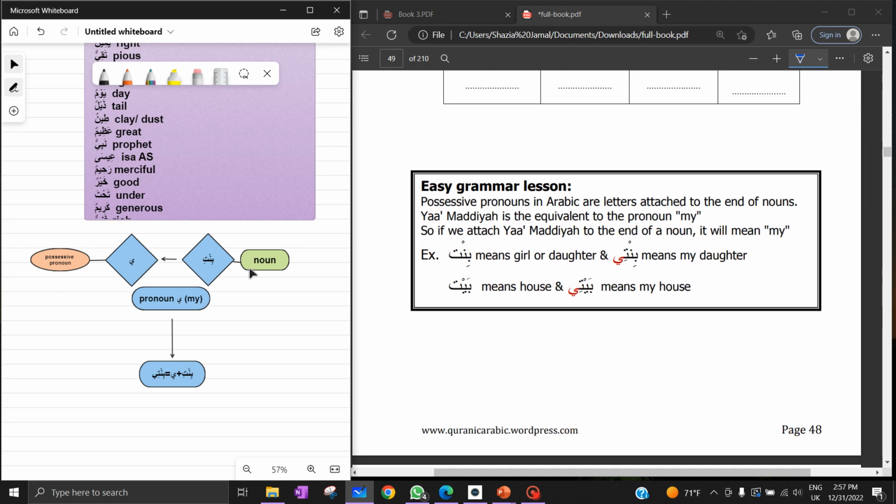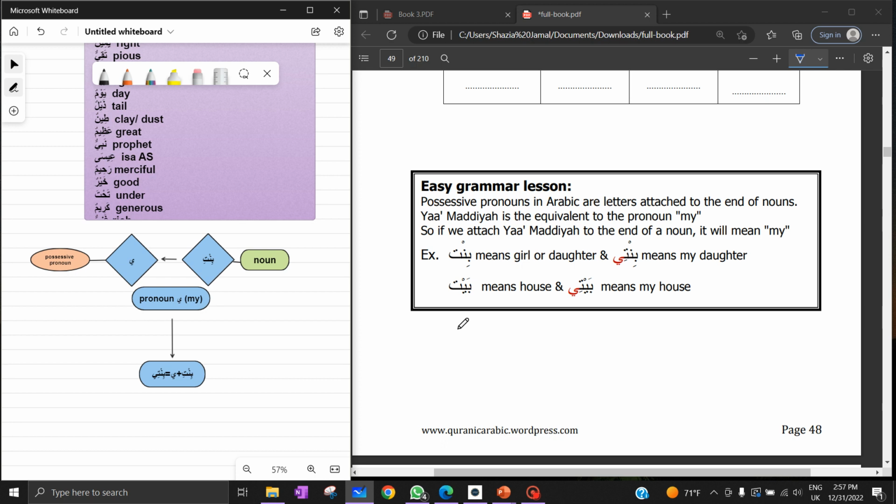Okay, since I have given you a figure or a chart just like a chemistry equation, in this box, possessive pronouns in Arabic. So if you want to say something that belongs to you, you use a possessive pronoun.